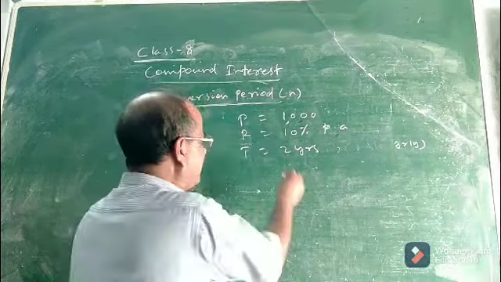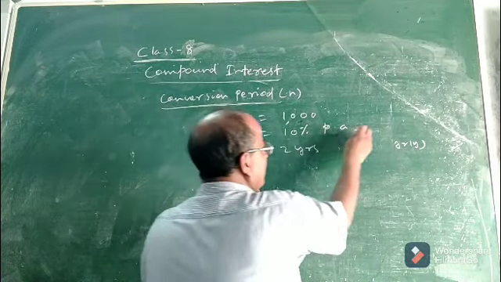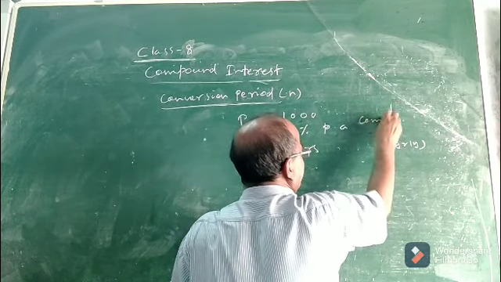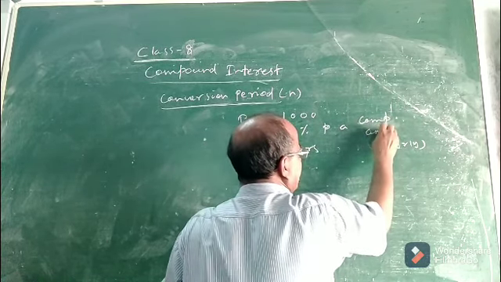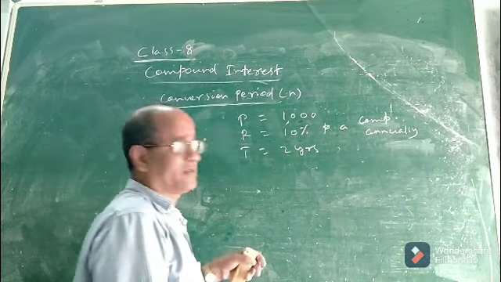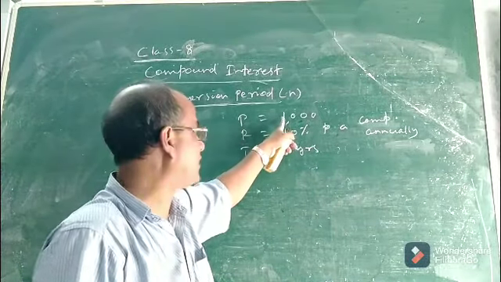So in this case, the rate is 10% per annum, compounded annually. Try to understand. From this we can understand what conversion period is. See, suppose principal is 1000 rupees.